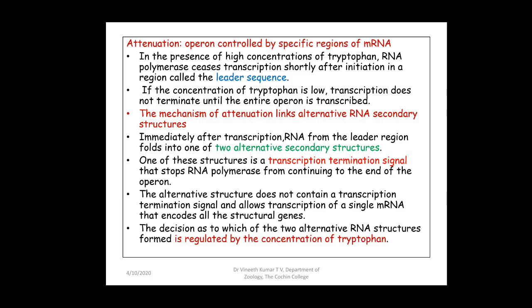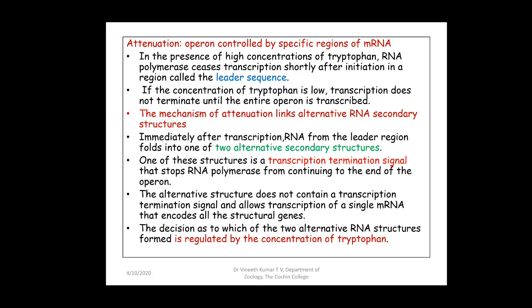Even though it has moved forward, you can inhibit the process. That is what is called attenuation. After the initiation point there is a particular sequence called the leader sequence. If tryptophan concentration is low, transcription does not terminate until the entire operon is transcribed. It will move on and transcribe the genes, which happens normally.